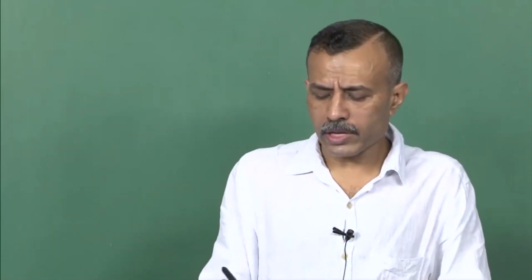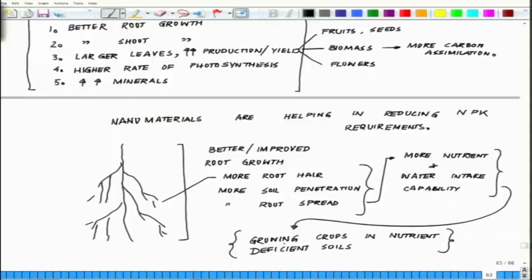So this is one aspect what I wanted to highlight here. Growing crops in nutrient deficient soil, maybe nano is the answer. Precision, you can really apply the required amount, and this could be another answer for fertilizer tuning. You can tune the fertilizer requirements for such soils.